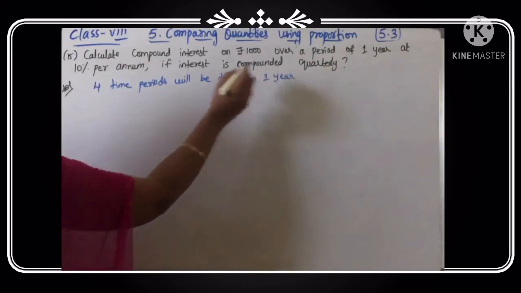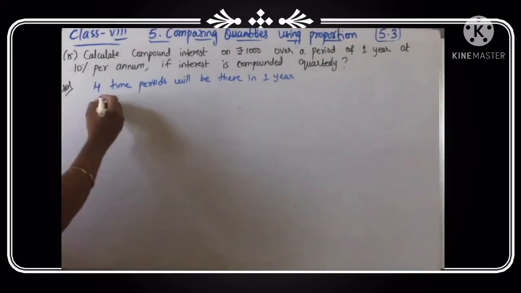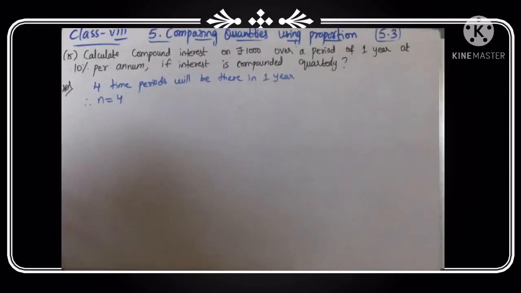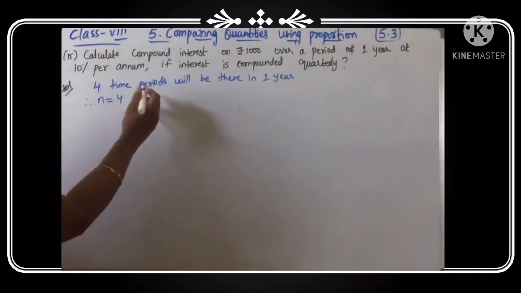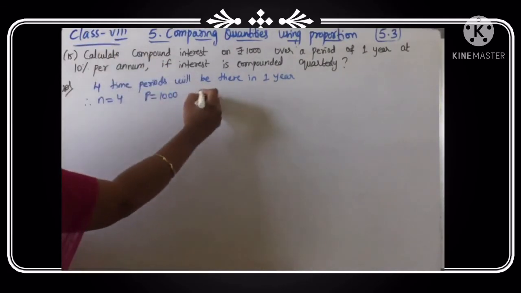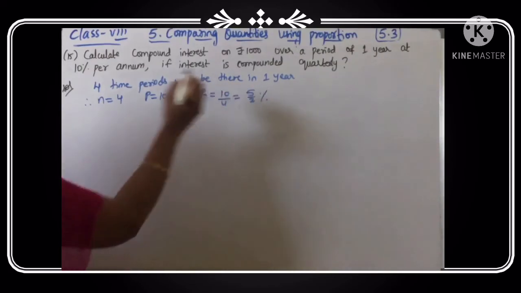Yes, 4, right? So here n is equal to 4. P is nothing but 1000 and n we got 4. Then R also is 10 by 4, that is 5 by 2%.